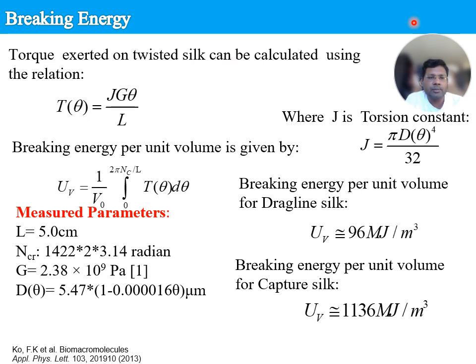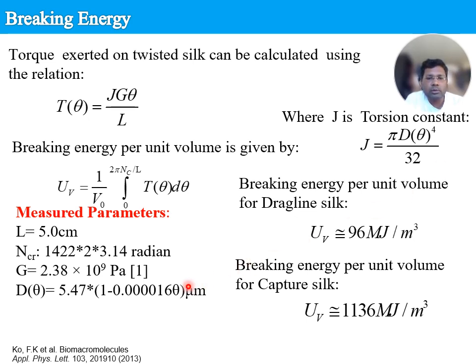The breaking energy per unit volume can be calculated using these relations, and we have calculated it for both dragline and capture silk, which comes out to be 96 megajoules per meter cube for dragline and 1136 megajoules per meter cube for capture silk. As expected, it is more for the capture silk.